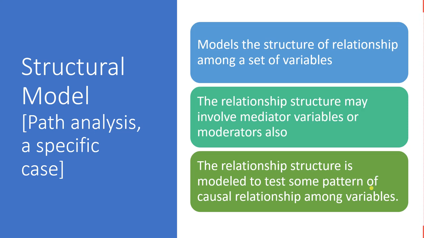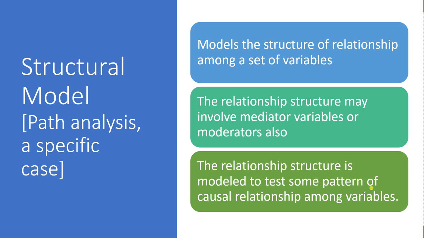And sometimes this relationship structure may involve mediator variables and sometimes moderator variables and sometimes both mediator and moderators. When I am saying mediator variables, if you are not aware, then simply mediator variables are like third variables which are causally linked between the two variables.